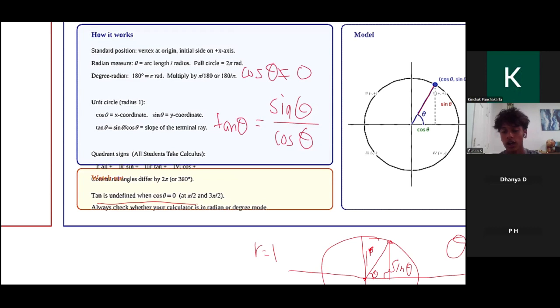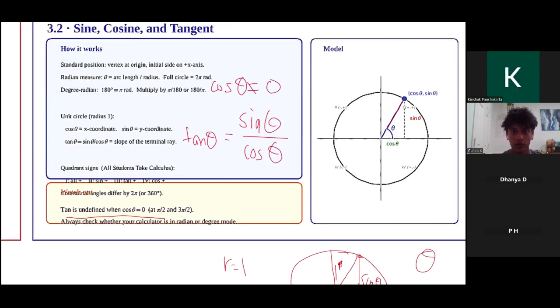And cos theta equals 0 when the angle on the unit circle equals pi over 2 and 3 pi over 2, which are these points. But don't worry too much about the points. You guys will learn them. And I recommend that after this class, once you learn them, every day before the next class, for like a week, or until you're able to proficiently write down the entire unit circle, you should practice at least once a day, just drawing out the unit circle.